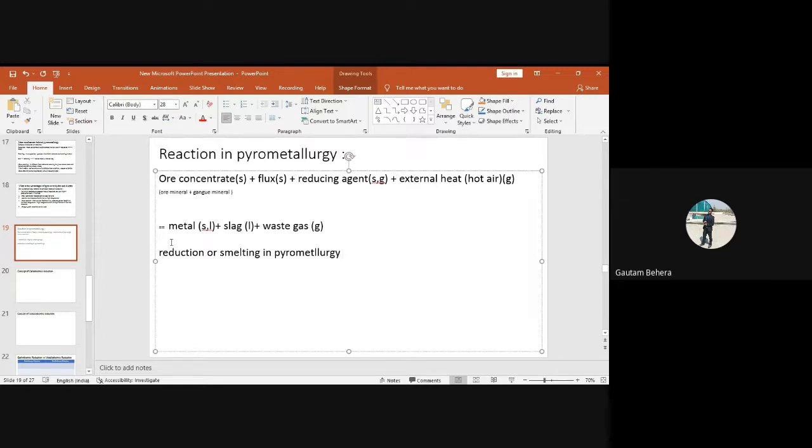Reduction or smelting in pyrometallurgy is either carried out by carbothermic reduction, carbothermic process, or by metallothermic reduction or process. Right? So these are the two means we can do reduction or smelting. So reduction or smelting can be carried out either by carbothermic process or by metallothermic process. So what exactly carbothermic process and metallothermic process is?